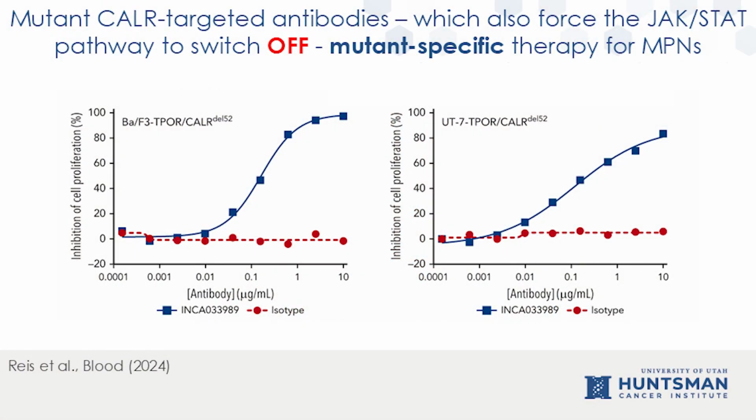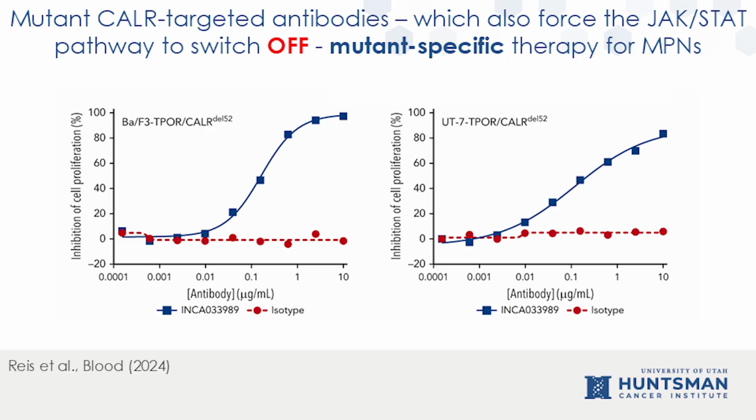And so what the people did who developed these mutant-specific antibodies were to take those cell models that we had used way back when to figure out how mutant CALR was working and treat those cells with this antibody. And again, you can see there's a lot of cell death in the treated cells, which are the blue squares.